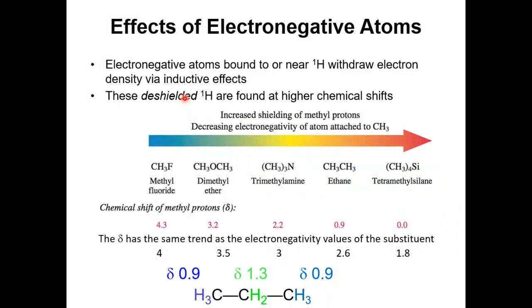Okay, those are general trends. Because if electron density is higher, its circulation will create a stronger field. This stronger field will cancel the external field more, and that makes the real field experienced by the nucleus weaker. Weaker means resonance frequency is lower. So high electron density will give you lower resonance frequency. Lower resonance frequency means lower chemical shift.